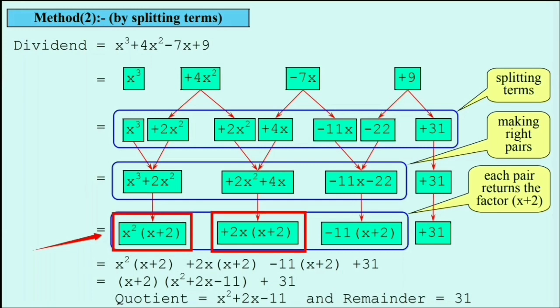The second pair again returns the same factor x plus 2 by taking common plus 2x, and the third and last pair returns the same factor x plus 2 by taking minus 11 as common, and the last and unpaired element plus 31 is left alone, and that is going to be the remainder in this process.